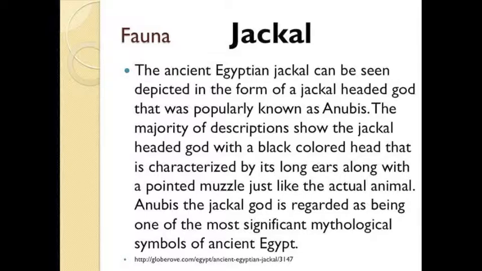The majority of descriptions show the jackal-headed god with a black-colored head that is characterized by its long ears along with a pointed muzzle, just like the actual animal. Anubis, the jackal god, is regarded as being one of the most significant mythological symbols of ancient Egypt.